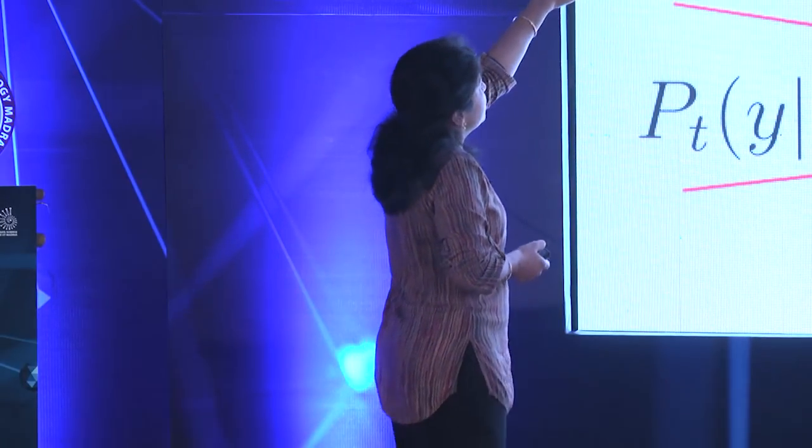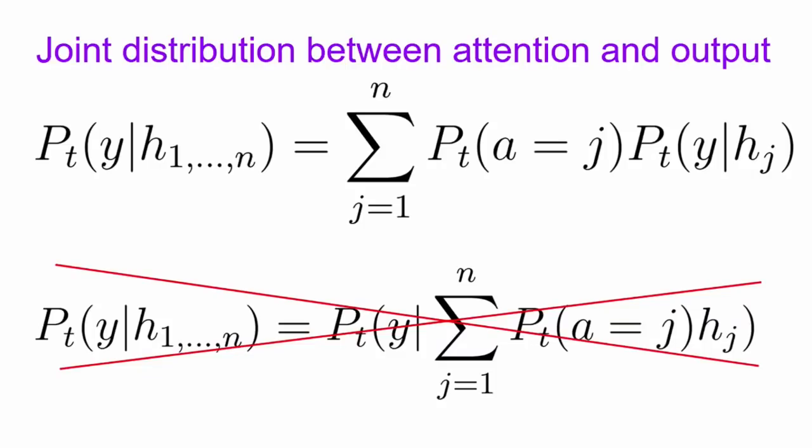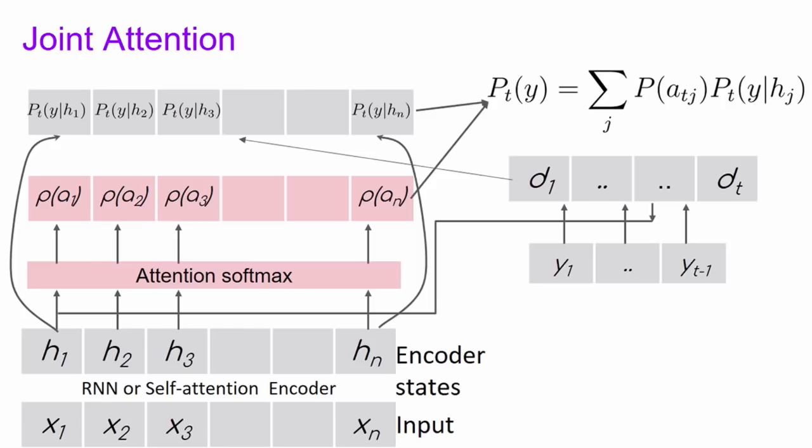Okay. So our first work was to try to realize such an explicit joint distribution between the attention and the output variables. When you do that, the model diagram looks different. Up to the point that you compute the attention distribution, it's the same. But thereafter, we will not first marginalize out the attention variable by taking an average over the hidden states of the input states.